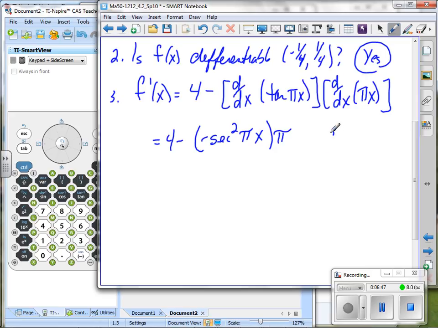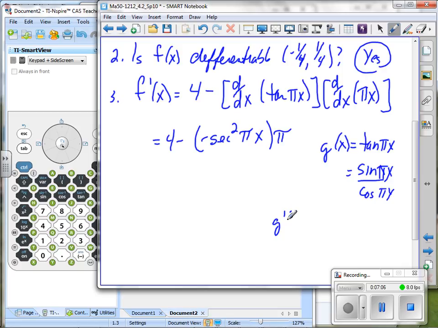Let's go through it. I'd feel much better if we go through this and look at tangent pi x. We'll make that g of x so we don't confuse it. And we'll make that sine pi x divided by cosine pi x.